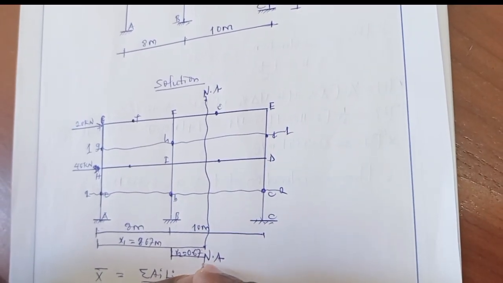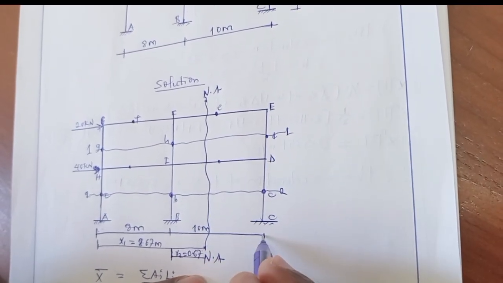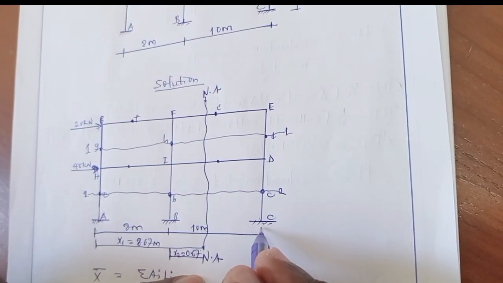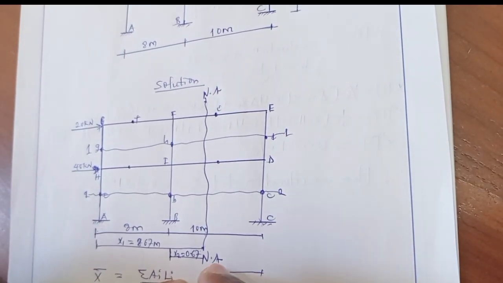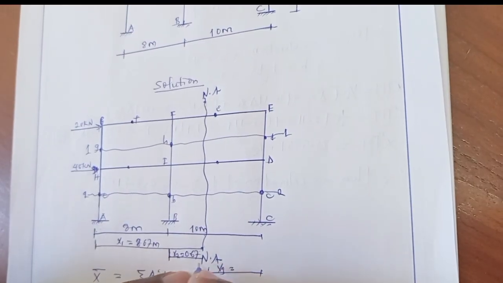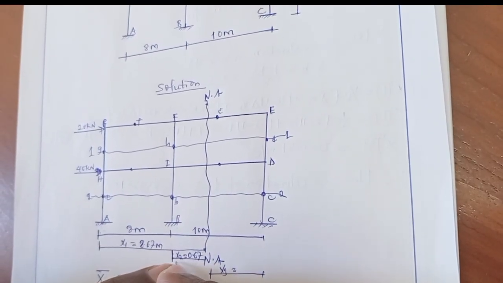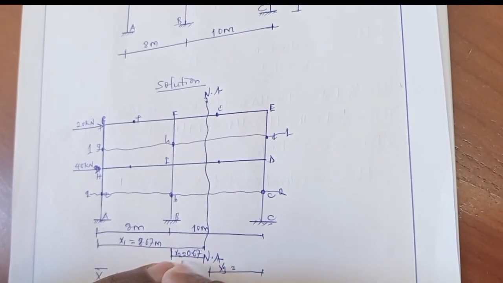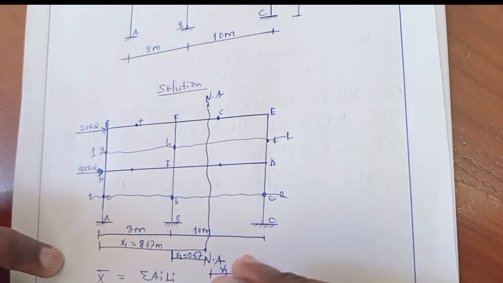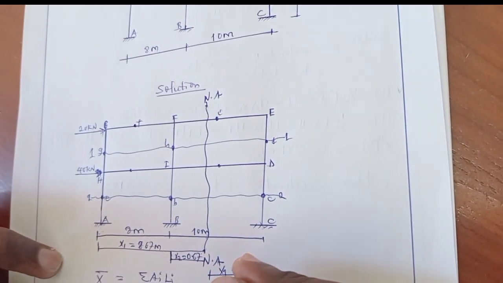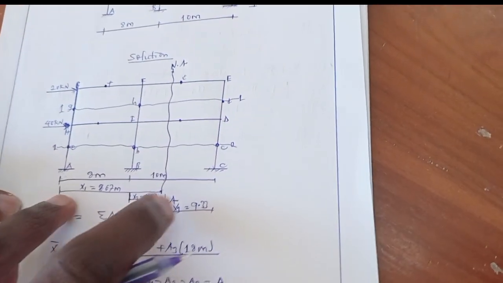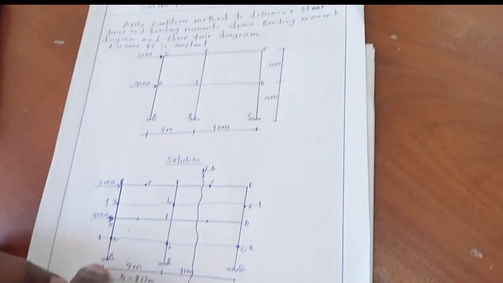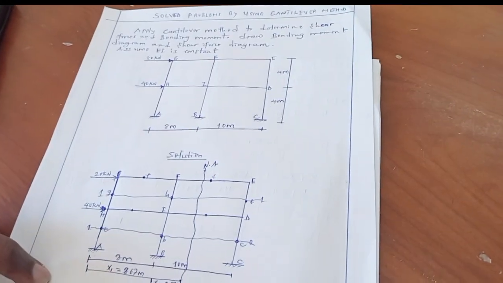So to obtain the distance from this column member, let's say this is x3, it will be 10 minus 0.67, which is equal to 9.33 meters. Those are the distances from the respective members to the centroid of the column area.